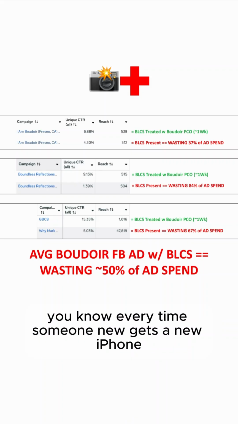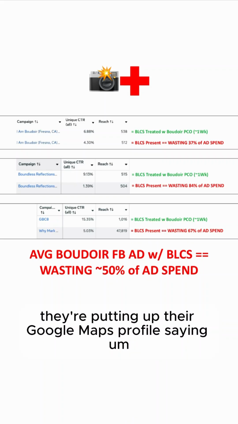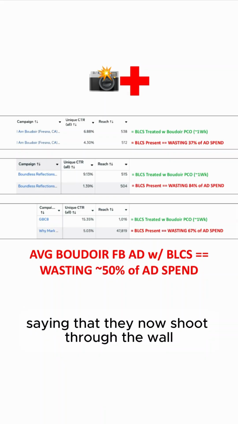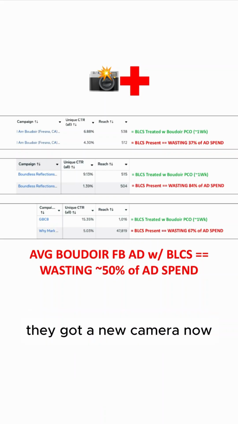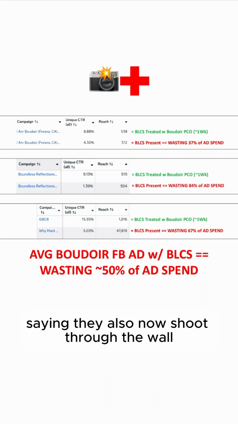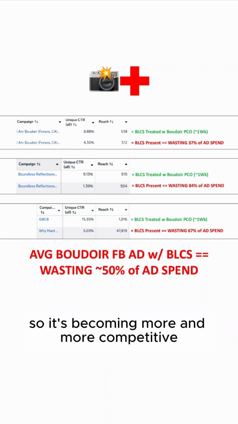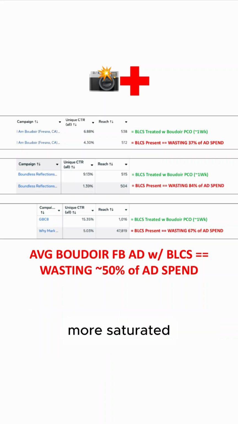Every time someone new gets a new iPhone, they're putting up their Google Maps profile saying that they now shoot Boudoir, or they got a new camera. Now they're in the mom group saying they also now shoot Boudoir. It's becoming more and more competitive, more saturated.